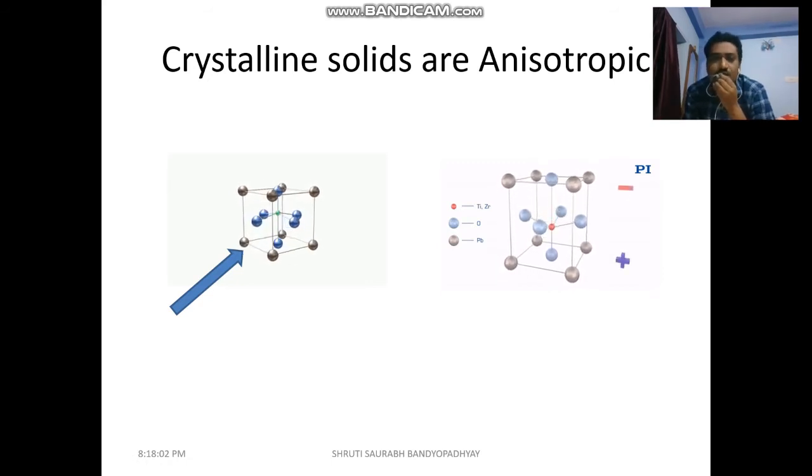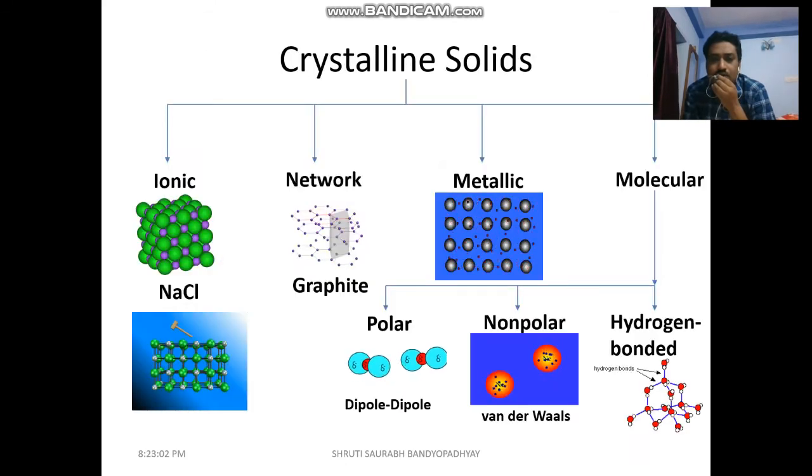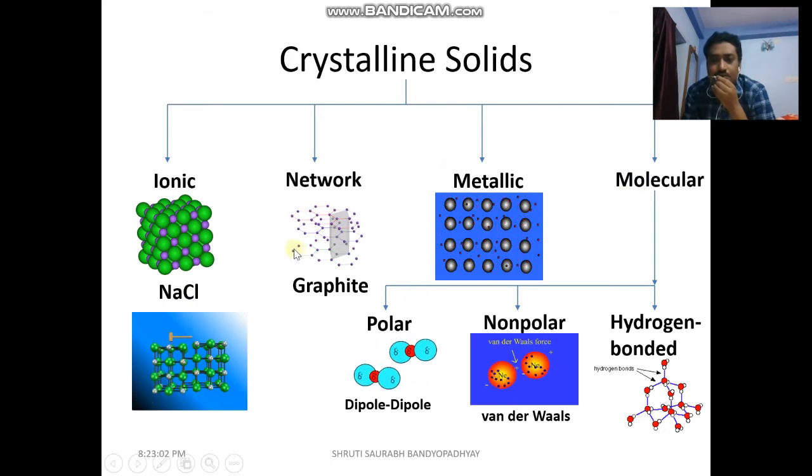Okay, so this is what is anisotropicity. Crystalline solids can be classified into four broad categories: ionic, network, metallic, or molecular crystalline solids.